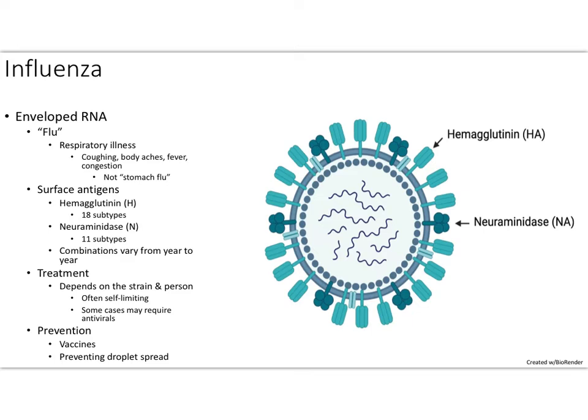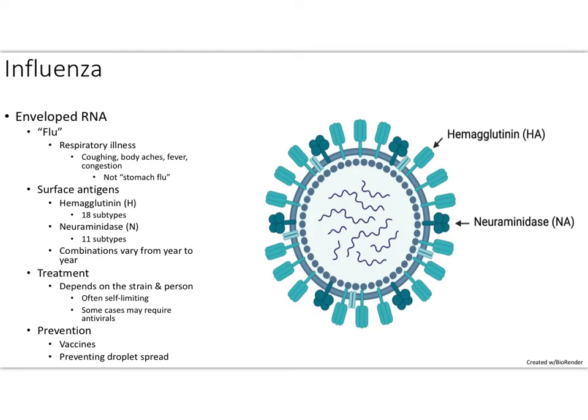Most of the time, when people have nausea and vomiting, they probably have something like norovirus or some other kind of foodborne illness or some other kind of virus that's infecting the gastrointestinal tract, not the respiratory tract. So technically there is no such thing as the stomach flu. That is a term that really means nothing. It's used a lot in society, but there isn't such a thing as the stomach flu.